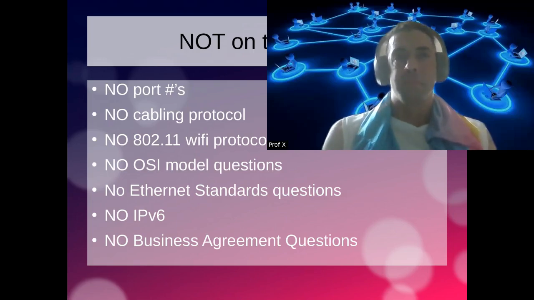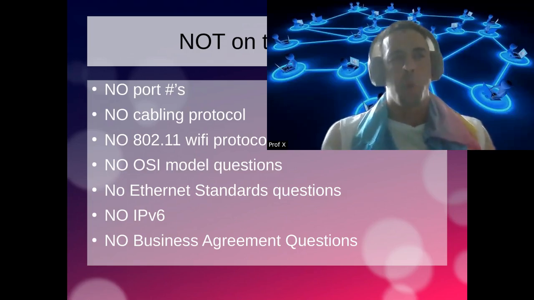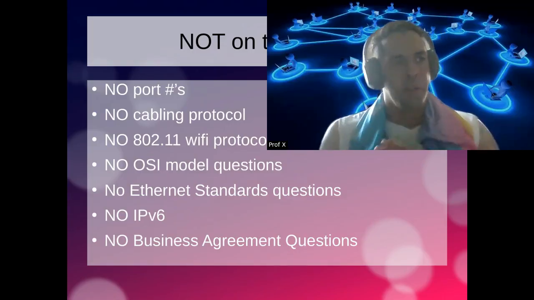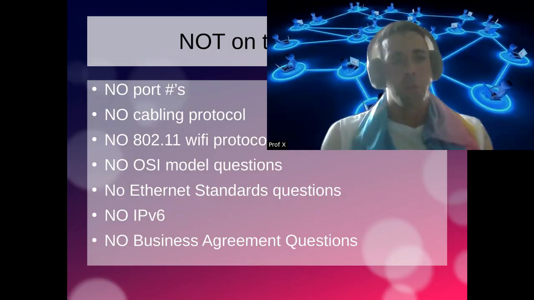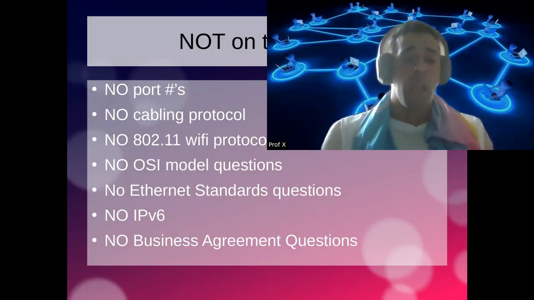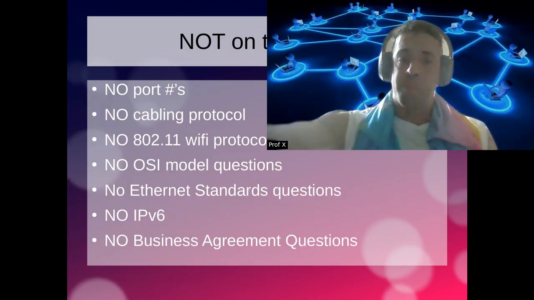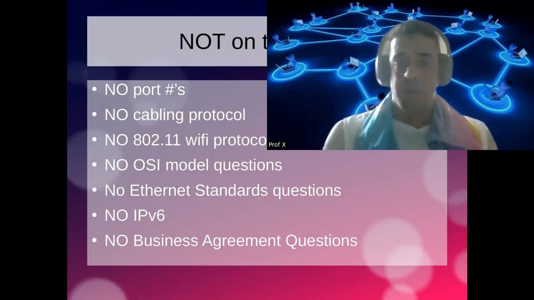I feel like there might have been some that required you to have knowledge of OSI, just know what's going on at the switching level and different levels like that. But there's no straightforward questions. I can't tell you how many practice tests asked at what level of the OSI model is this. There's no questions like that on the test.